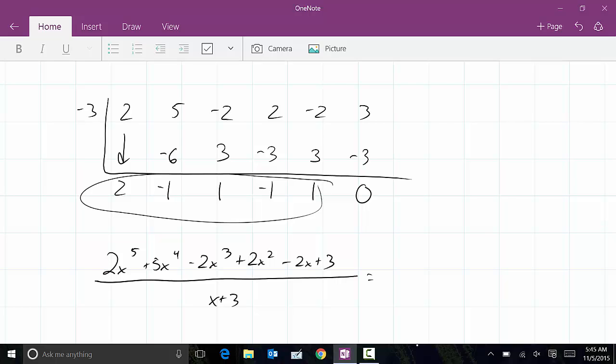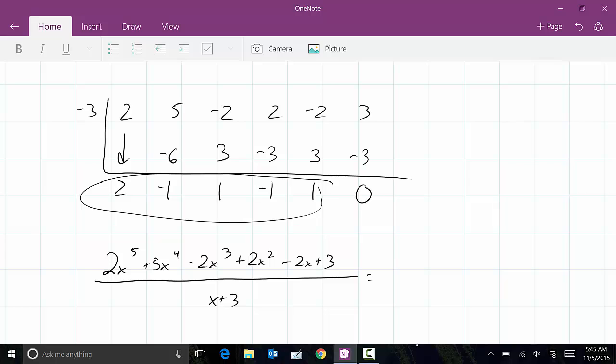Also, it's always going to make sense that your quotient drops down 1 power from your original dividend. Originally this was a 5th degree polynomial. When you divide it by a linear, it's going to become a quartic. The reason is that x to the power 5 divided by x is x to the power 4. So that's why it's going to drop down 1 power.